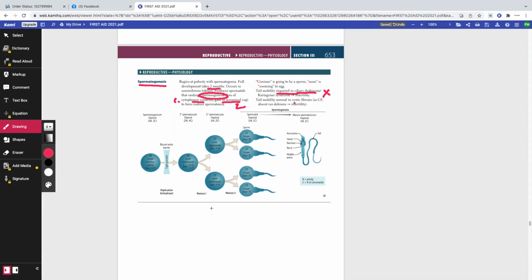Why do we get thick secretions in cystic fibrosis? Can anyone tell me very quickly? Cystic fibrosis is a genetic disorder with an abnormality of the CFTR gene, located on chromosome number 7. The CFTR gene is responsible for the synthesis of chloride channels. Since this gene is non-functional, the chloride channels will not be produced.